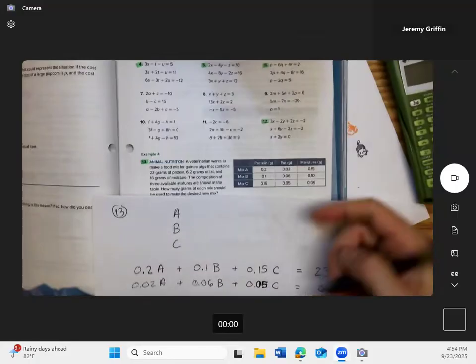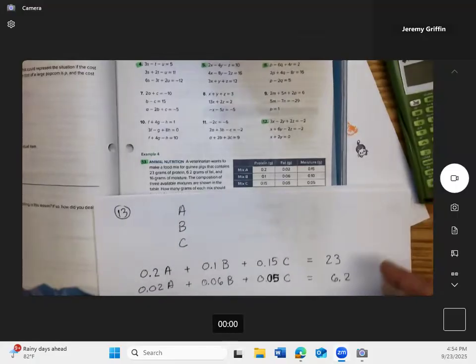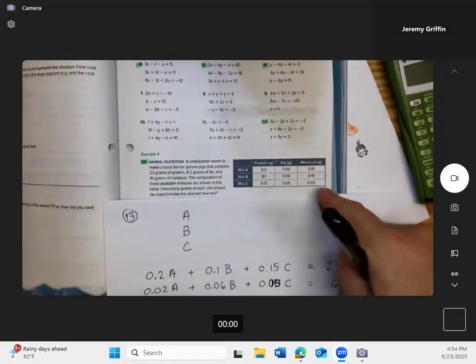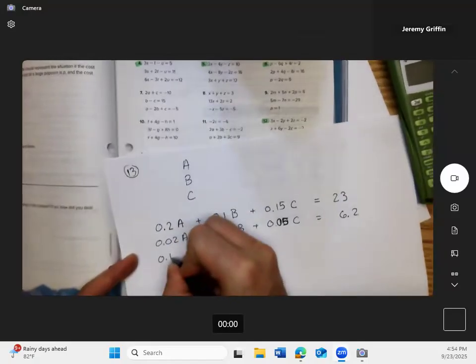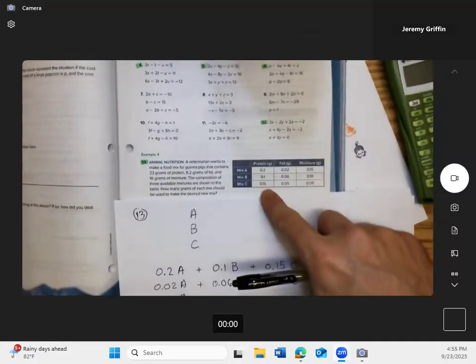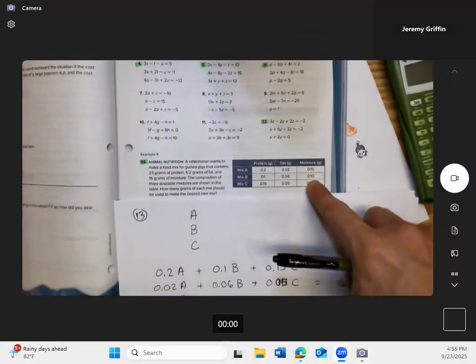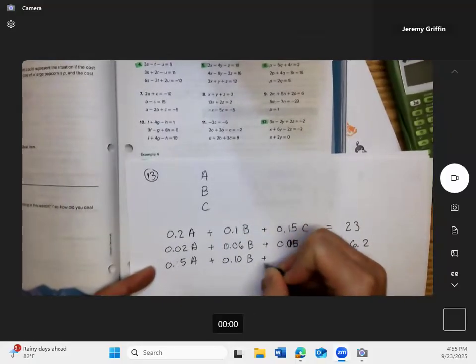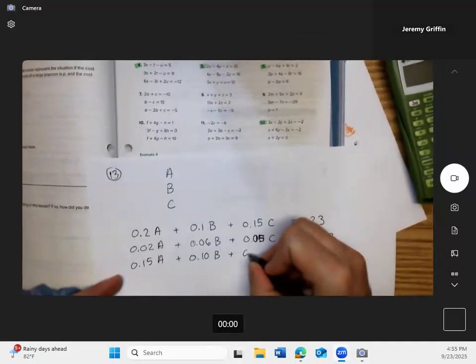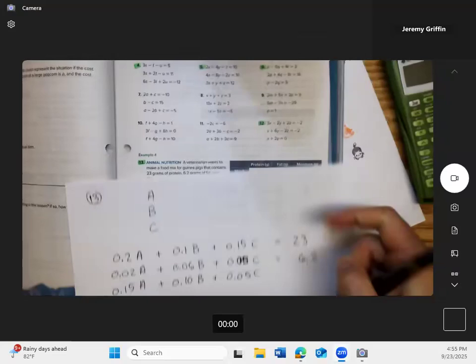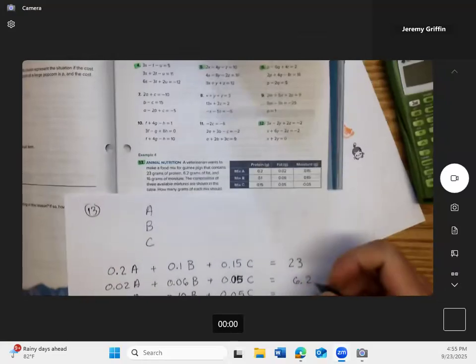And then moisture. Then the moisture mix. So 0.15 of mix A, plus 0.10 of mix B, plus 0.05 of mix C. That comes out to the moisture content.